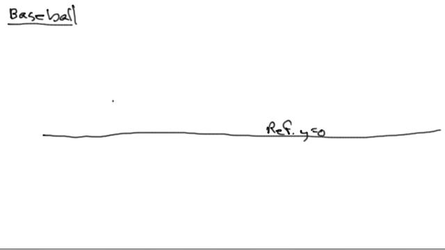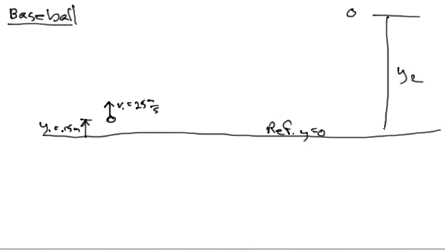Reference level y equals 0, and the baseball starts out at what I'll call y1, 15 centimeters, 0.15 meters, and it's got some velocity v1 is 25 meters per second, and then in the after picture it's up high, y2, and v2 is 0.